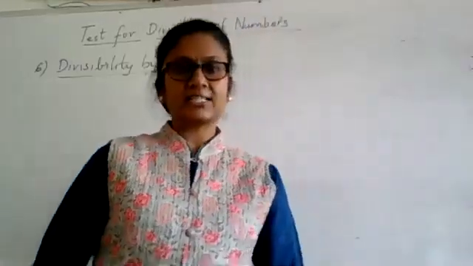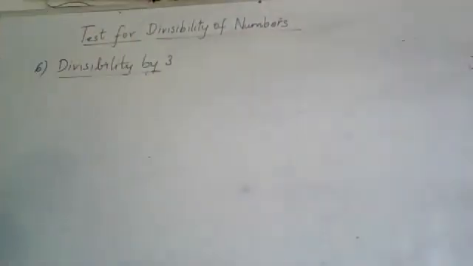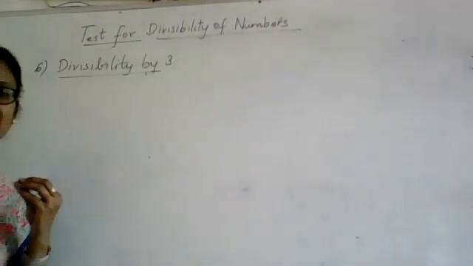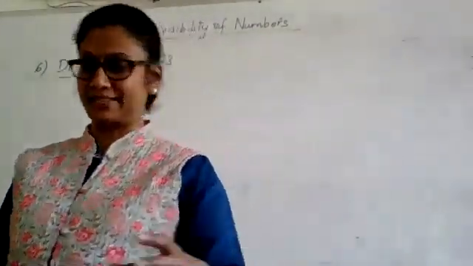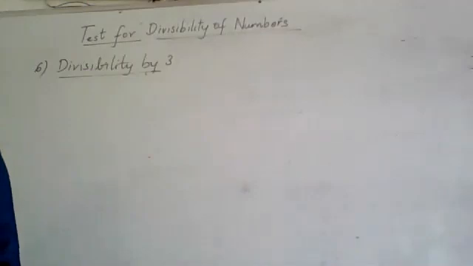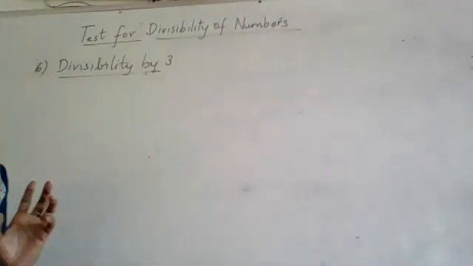Now the next test of divisibility is the divisibility by 3. When do you say a number is divisible by 3? So for this we have a little addition operation that you have to do. So it's not very simple like the other divisibility tests. So when I want to find out that a number is divisible by 3 or not, I have to do this. So write it down first.